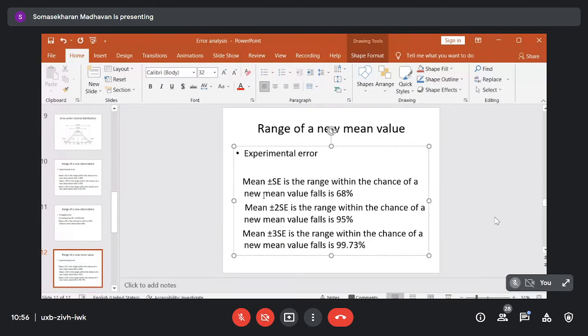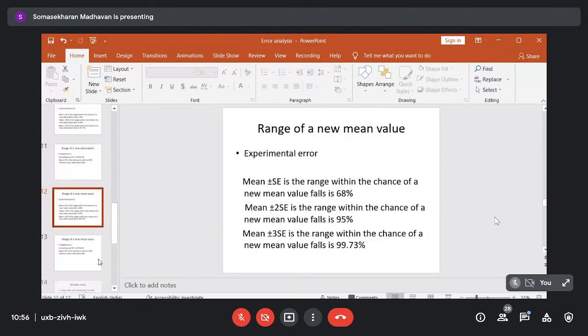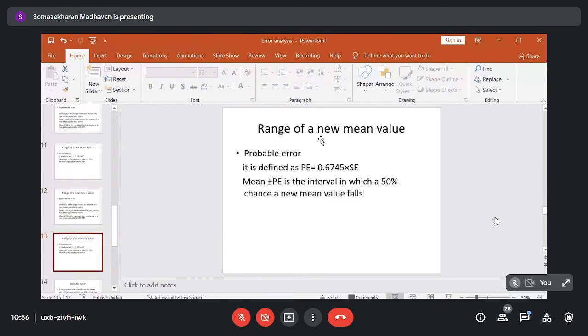So these are the properties of standard deviation and standard error. Then the probable error in the case of a new mean value is 0.6745 times the standard error. You see the difference between this one and the previous one. Here we compute the probable error by just multiplying 0.6745 with the standard deviation, and we should multiply it with the standard deviation if we are just computing the chance of getting a new observation.